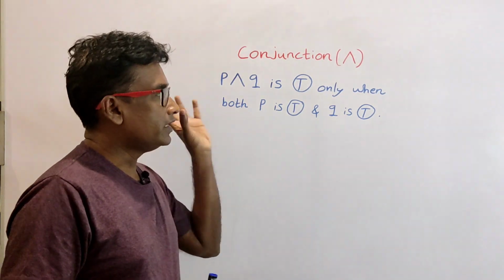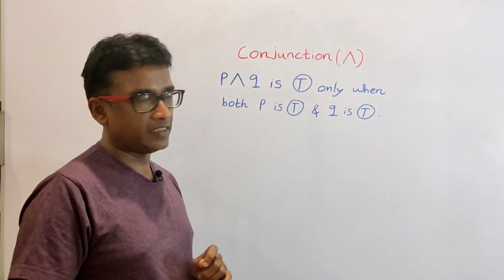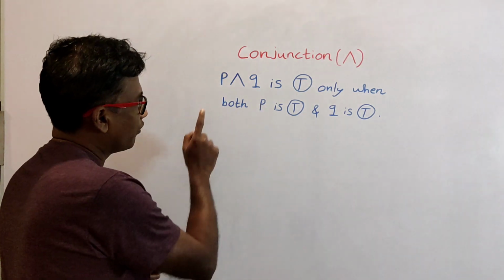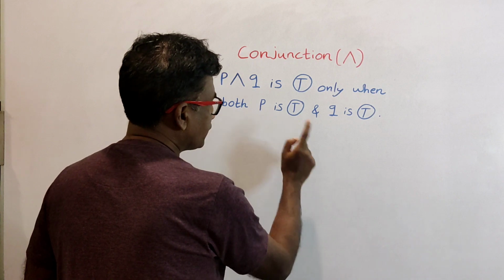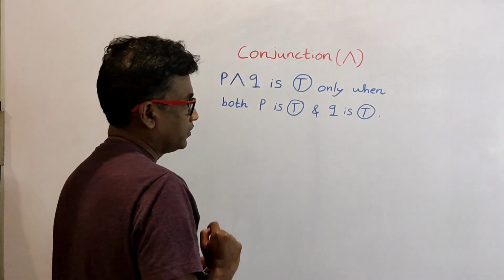This is the rule that is associated with conjunctions. The truth value of P and Q is true only when both P is true and Q is true.